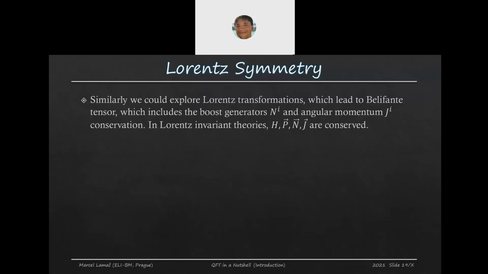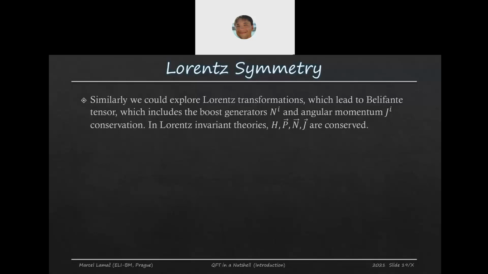Maybe we'll discuss this. Maybe we won't. I don't really remember what follows. Anyway, they are called boost generators because all these conserved charges are somehow related in quantum mechanics to the representations of the symmetries, and they are given by some generator. So let's not discuss this now. But what is important is that in Lorentz invariant theories, even at the classical level, there are several conserved quantities.